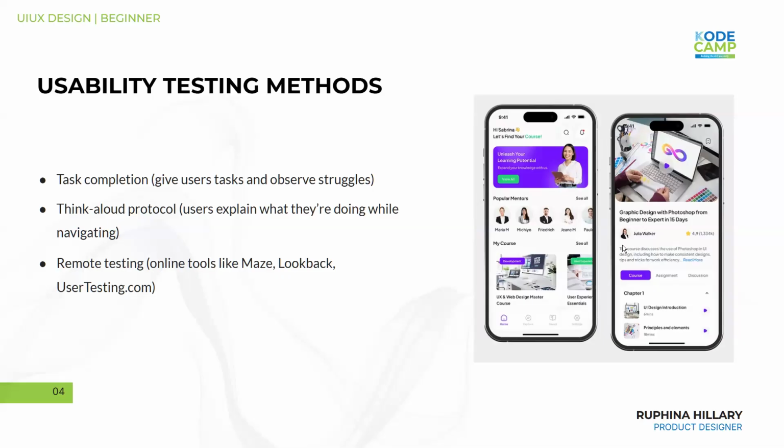Another thing about usability testing is that it is made up of just three components. You have the facilitator, that is you or whoever is conducting the usability test, you have the task, and you have the participant. So those are the three components of the usability test, right?